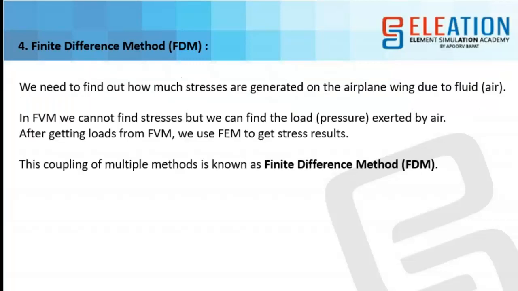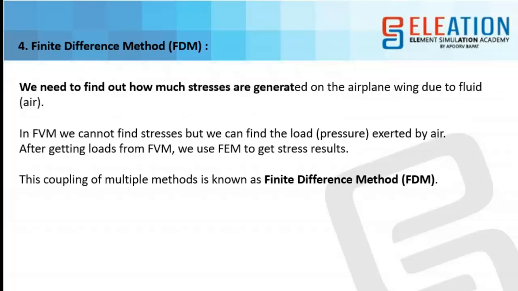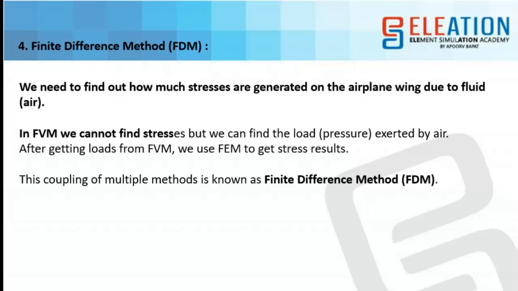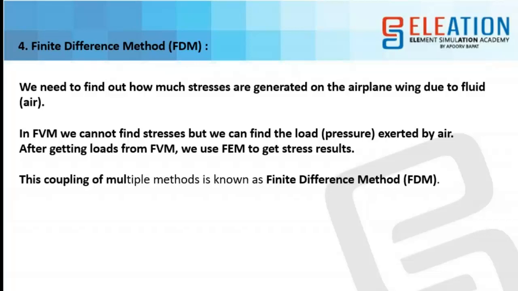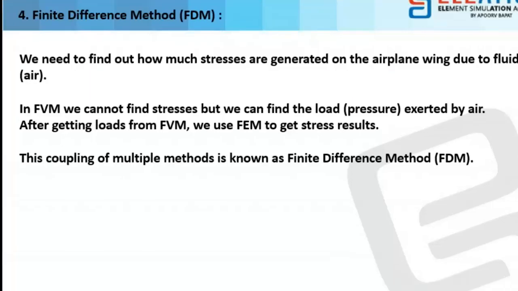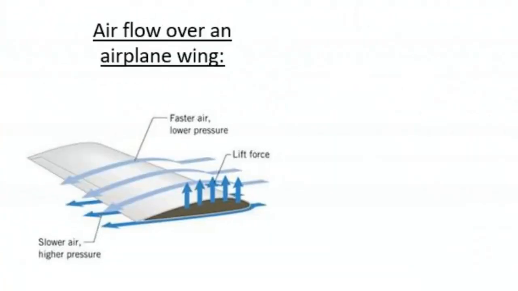Say for example, we need to find out how much stress is generated on an airplane wing due to fluid, that is air. In finite volume method we cannot find stresses, but we can find loads, that is pressure exerted by air. After getting loads from finite volume method, we use finite element to get the stress results. This coupling of multiple methods is known as finite difference method.